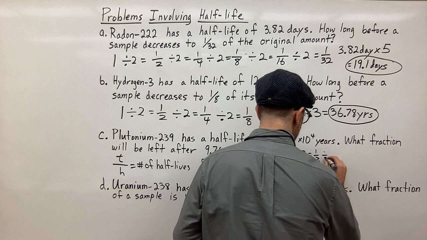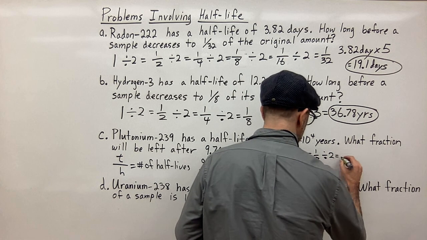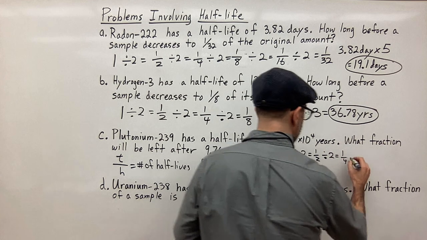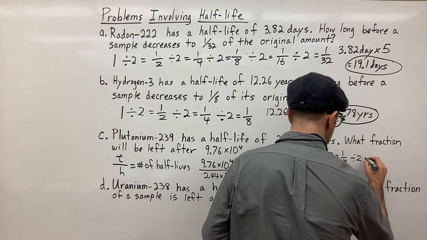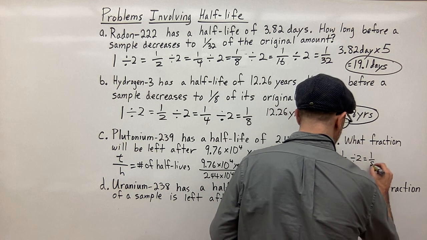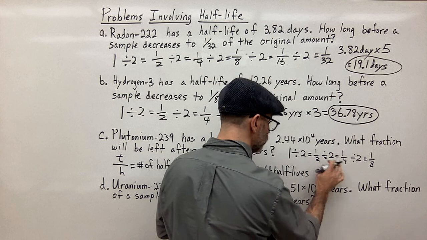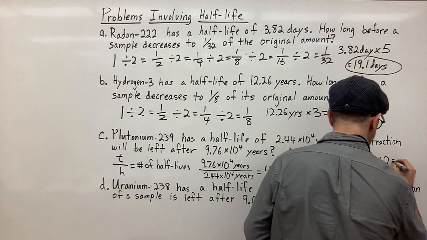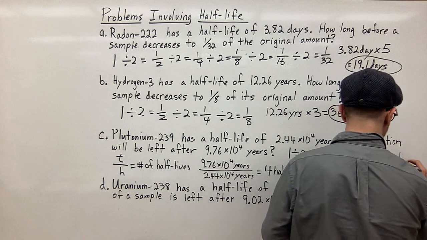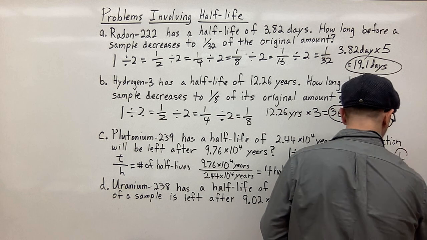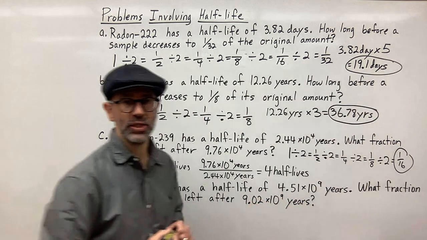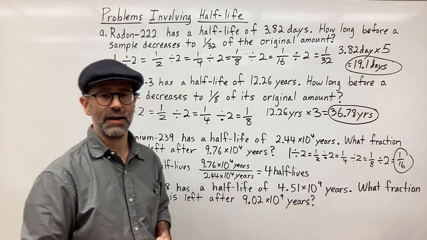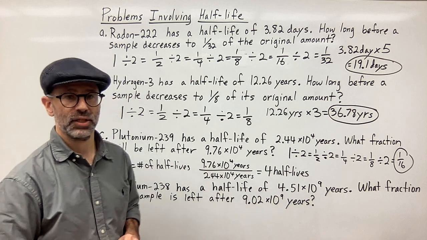Divided by 2 gives us 1/4. Divide that by 2 gives us 1/8. That's 1, 2, 3. One more divided by 2, and that gives us 1/16. So 1/16 of our original sample would be left after 4 half-lives.